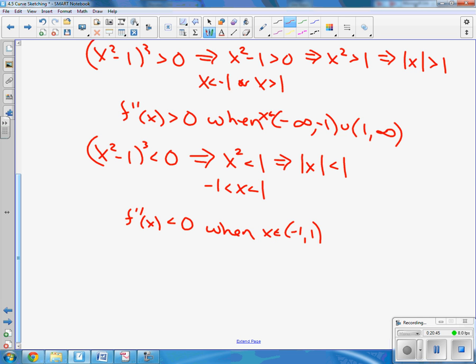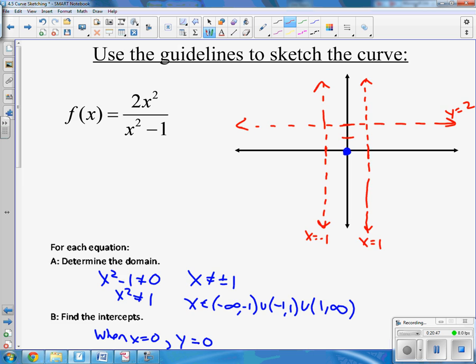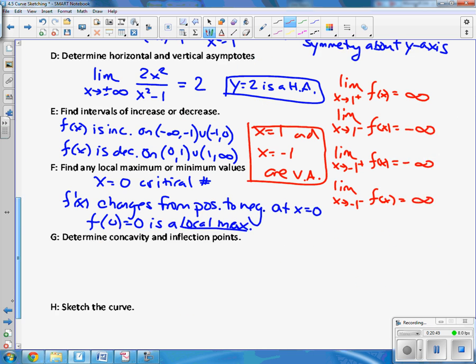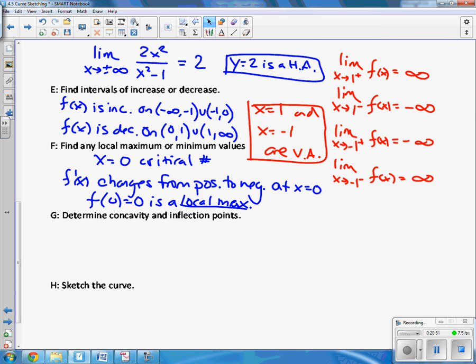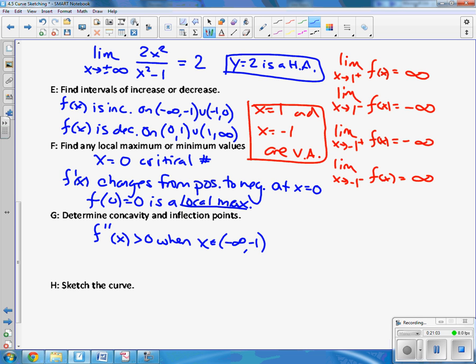So I'm going to go back now and put that information down with the rest. So we have the second derivative is greater than 0 when x is between negative infinity and negative 1, and 1 to infinity.